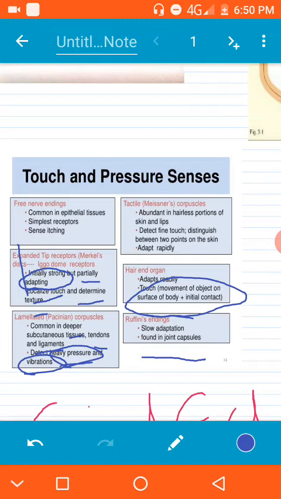I think with that we can move on to the next topic, but before moving on, you'll have a small overview of how mechanical impulses are transduced into nerve impulses.